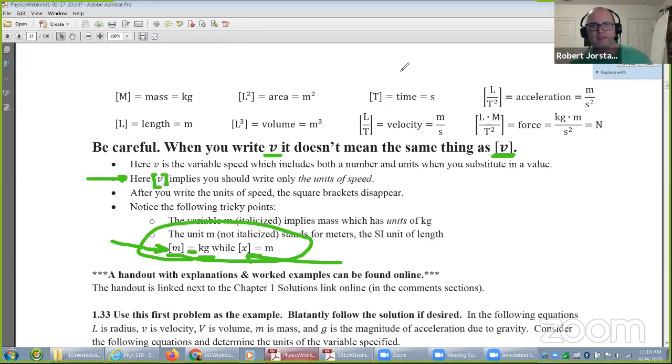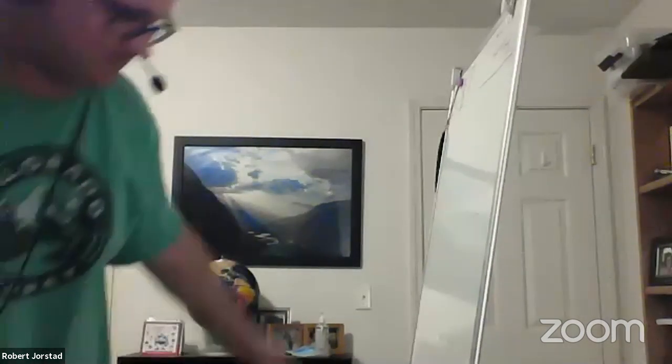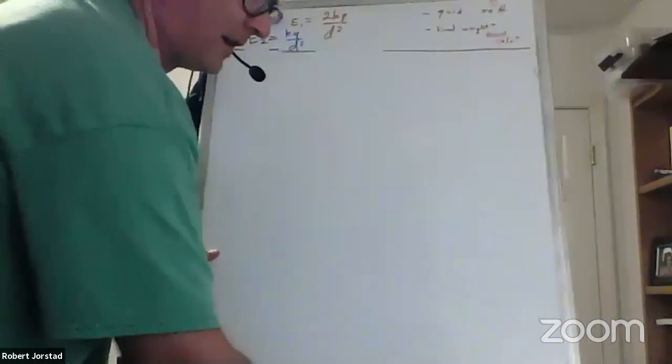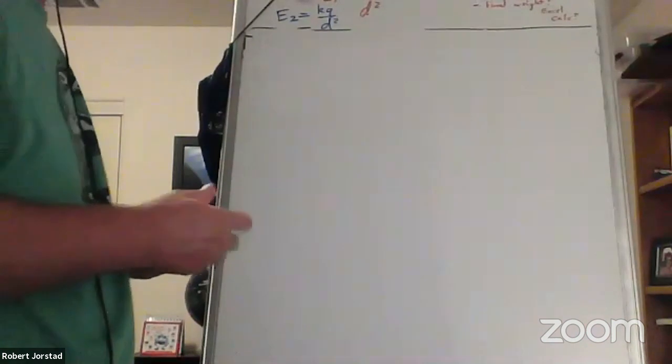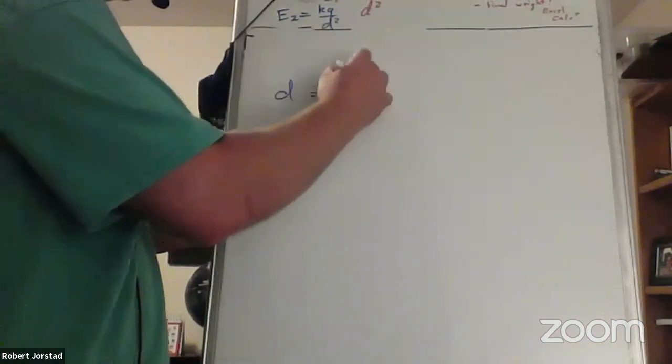That's where this is in the book, and I'll do some examples on the whiteboard here really quick. Let's say we have some physics terms, like d might be a distance.